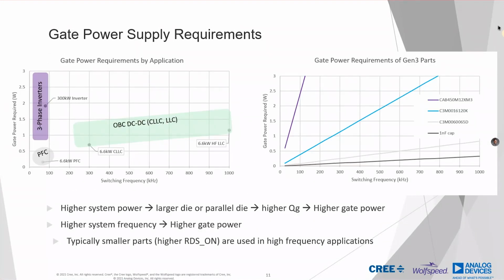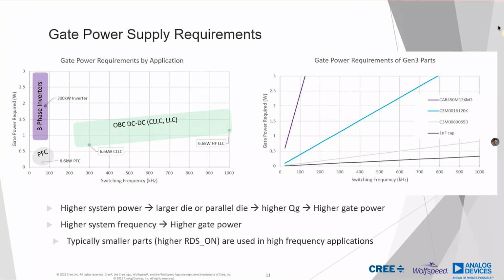Just to take a look at where some typical applications would fall, the chart on the left here shows three typical applications. In the corner, there's the PFC, or power factor correction. Typically, those are lower power: a lot of industrial and server power supplies, single phase PFCs, or UPS and other things like that that will have a PFC front end.